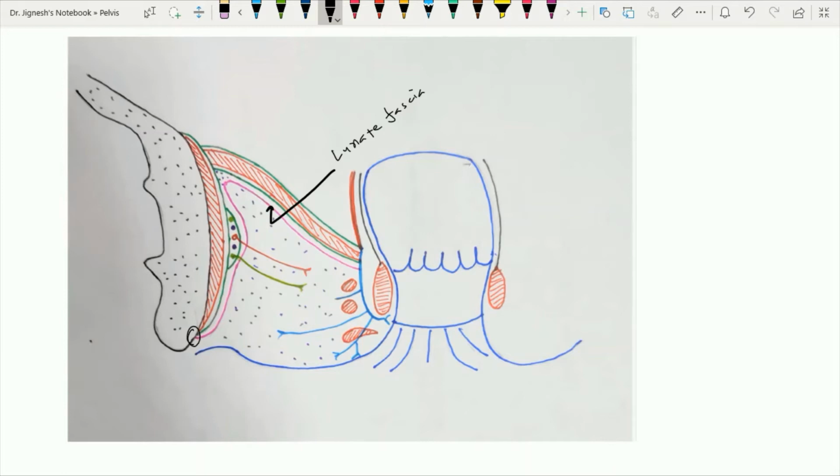On the medial side, it is lying below the anal fascia, and medially it is going to blend with the anal fascia at the level of Hilton's line. The summit of this lunate fascia is called the tegmentum.